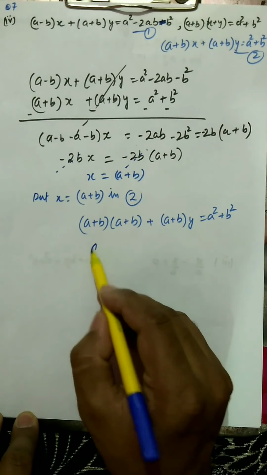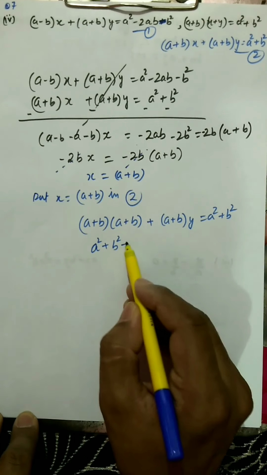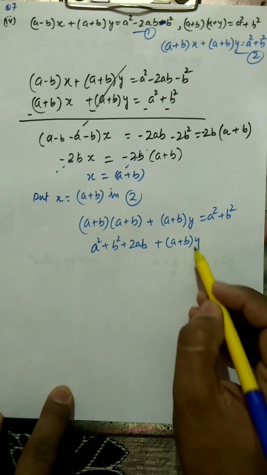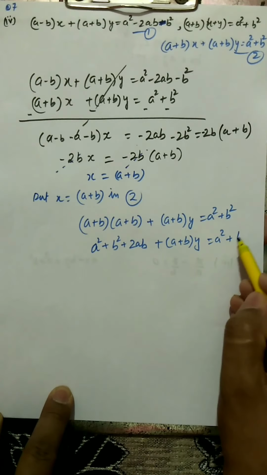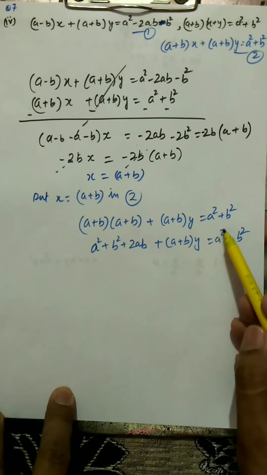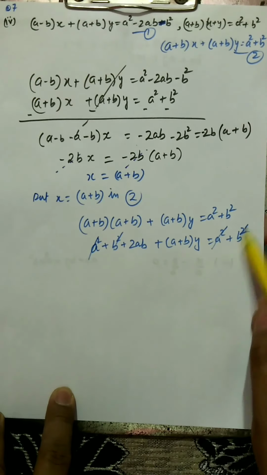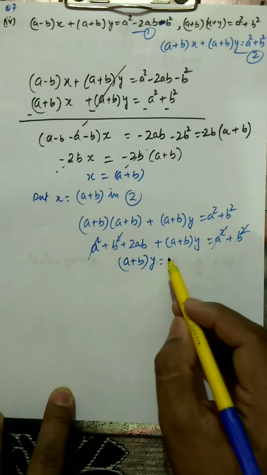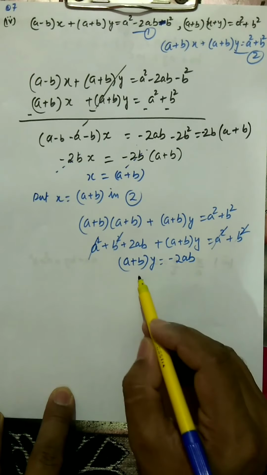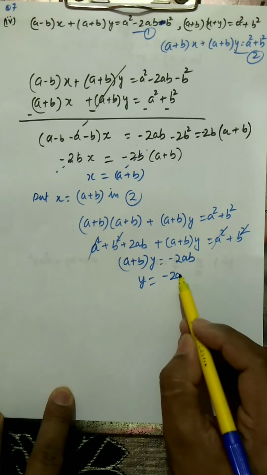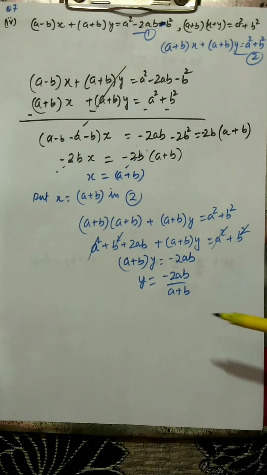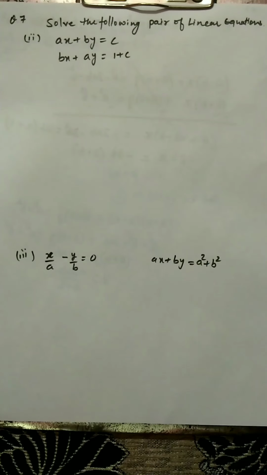Now you can open the bracket: this is a², this is b², and it will be 2ab, and plus (a + b)y equals a² + b². They are of the same sign, so they will get cancelled. So your (a + b)y will be equal to −2ab, so y is going to be −2ab upon (a + b). So this is the value of y.